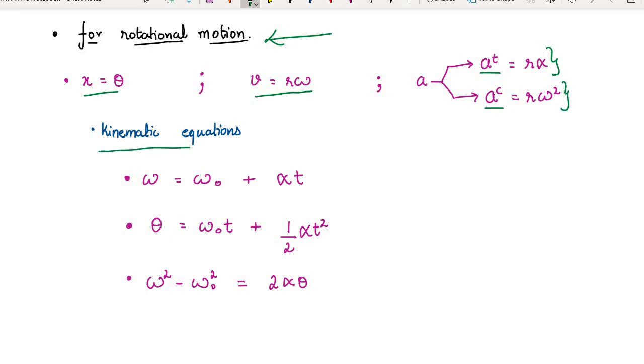The kinematic equations are omega equal to omega naught plus alpha t, theta is equal to omega naught t plus half into alpha t square, and omega square minus omega naught square is equal to 2 alpha theta.